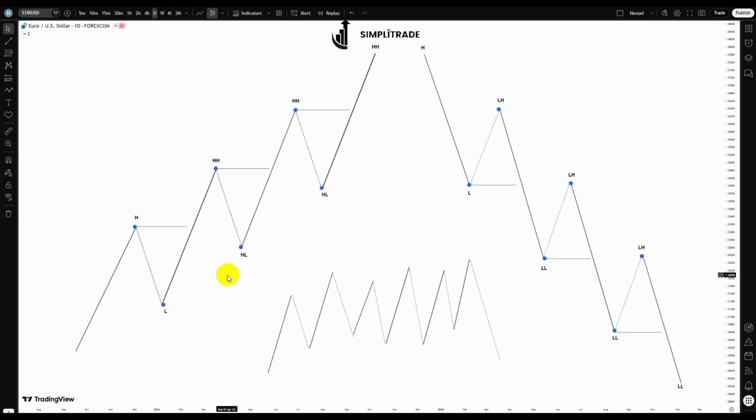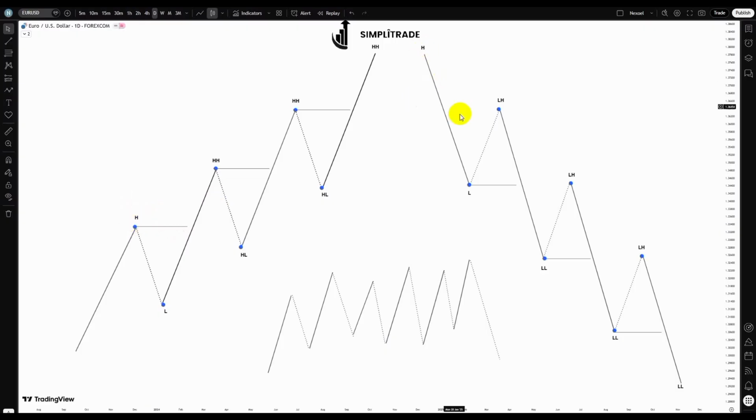So you can see in an upward movement, a bullish market condition, or an uptrend, we want to see price breaking the previous high points. That is when we are bullish, when we are in an uptrend. So we want to see the market breaking what? The previous swing high points.